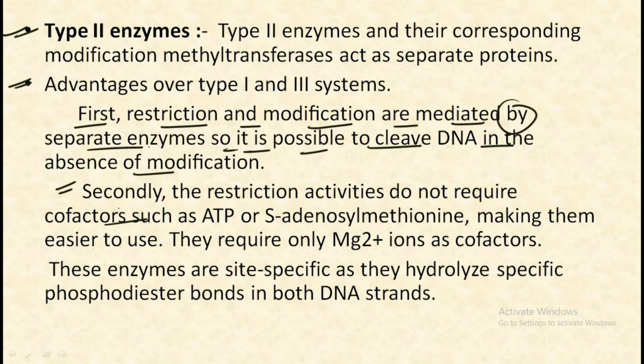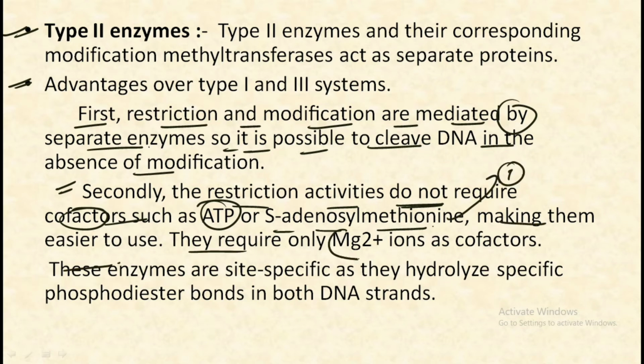The next advantage is that the restriction activities do not require cofactors such as ATP or S-adenosyl methionine, as required in type 1, making them easier to use. They only require Mg2+ ions as the cofactor.